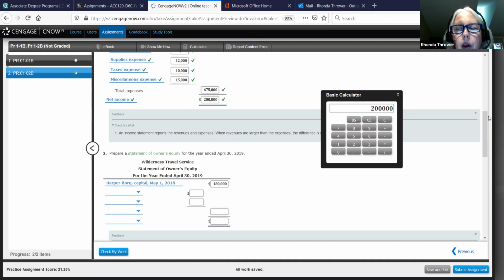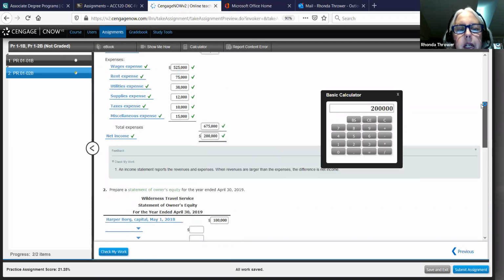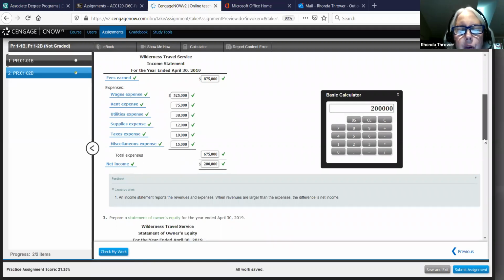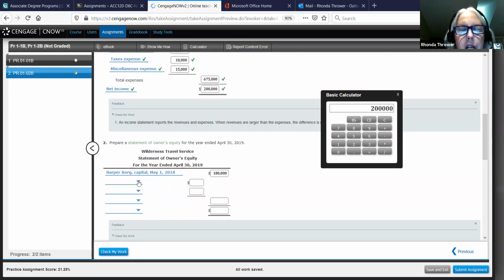But what we have already determined is that our revenue will add to our owner's equity, and our expenses will deduct from owner's equity. When we summarize those items in the income statement, we have net income, and net income will add to our owner's equity.